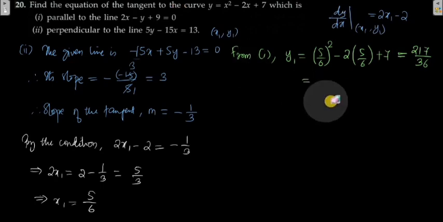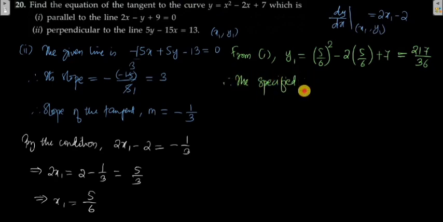All right, so therefore the specified point is x1, y1. X1 is 5 by 6 in this case, and y1 is 217 by 36.